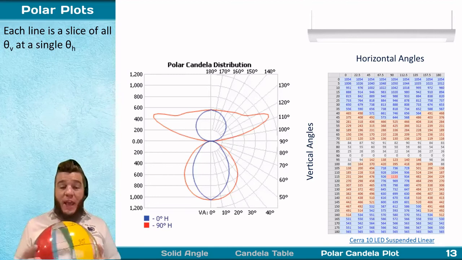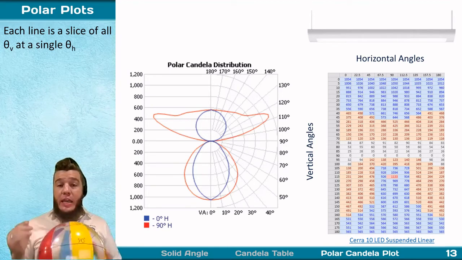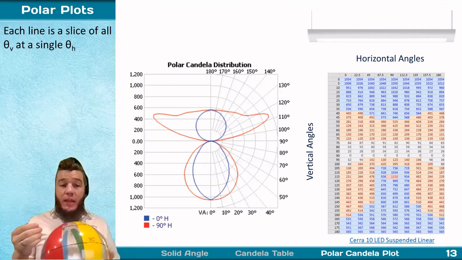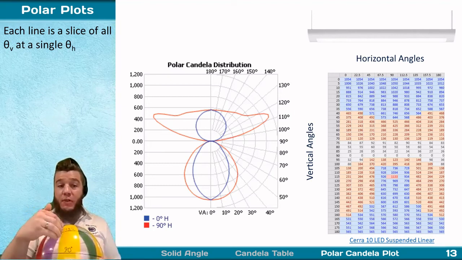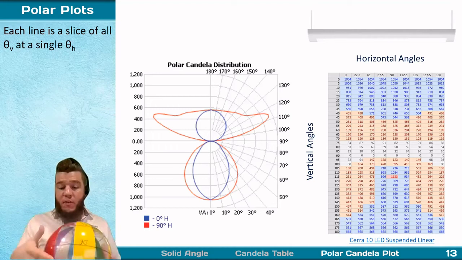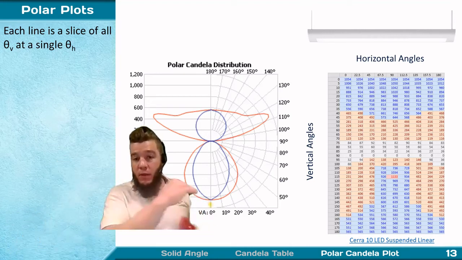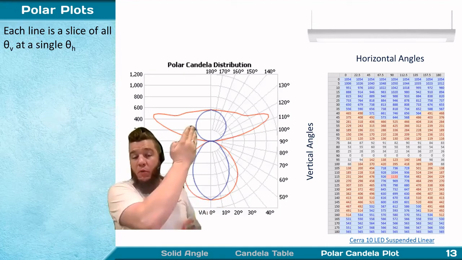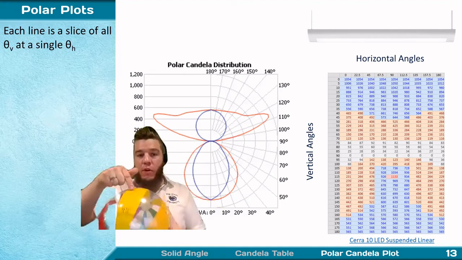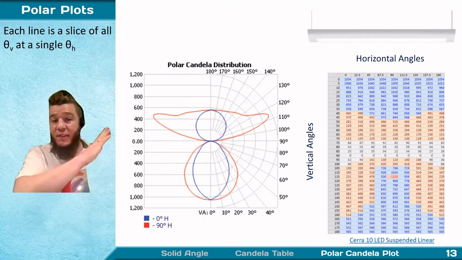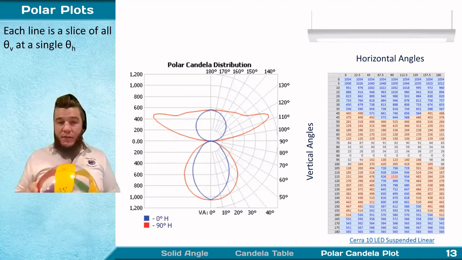So what's happening here, each of those lines, the red line and the blue line, are representing different horizontal slices. It's representing all vertical angles, as you can see here, from 0 all the way up to 180. So it's all of our vertical angles for this luminaire. However, each line is only a single horizontal slice.